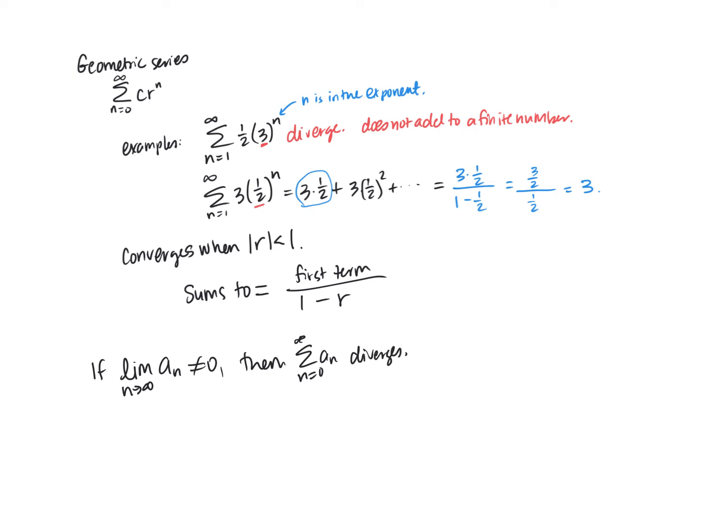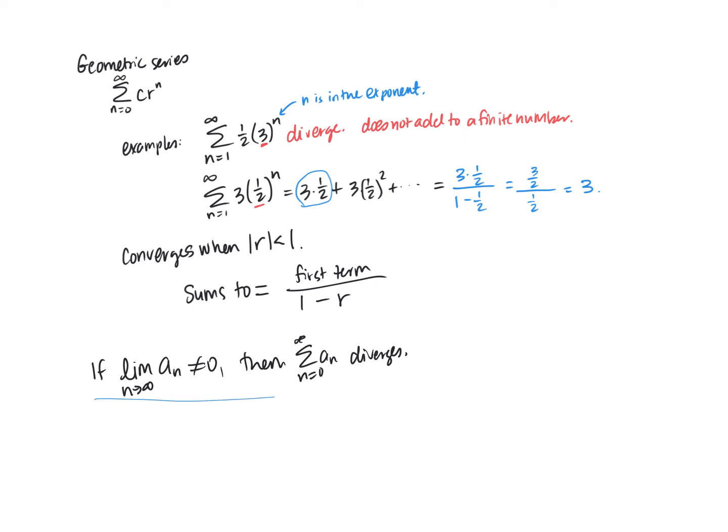In other words, the only way you can add it up to a finite number is that the individual numbers have got to be getting smaller in order for there to even be a chance of it adding to a finite number. If those individual numbers you're adding are getting bigger and bigger, then there's no way that your infinite sum can end up being a finite number. So that's the test for divergence.